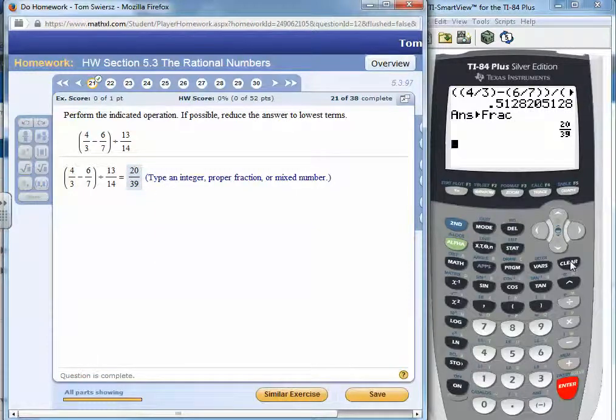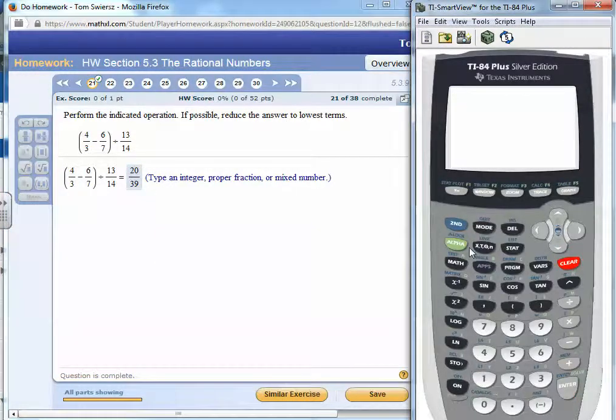Okay, and again, if you want to, you could use your alpha F1, and you can put in a fraction. Actually, we need the parens around the first part, right? So a paren, alpha F1, again, you don't have to put parentheses around each fraction.